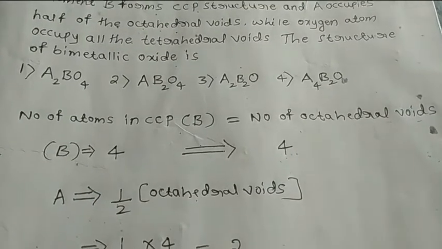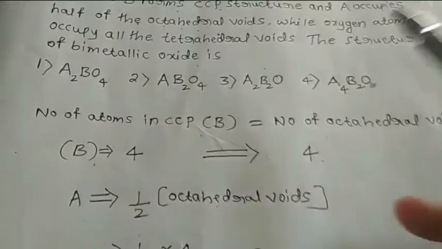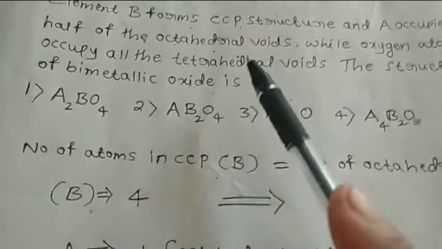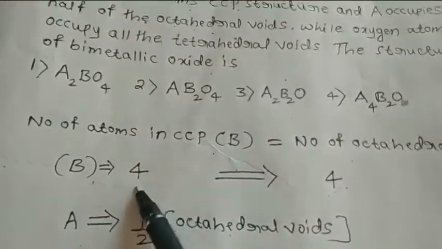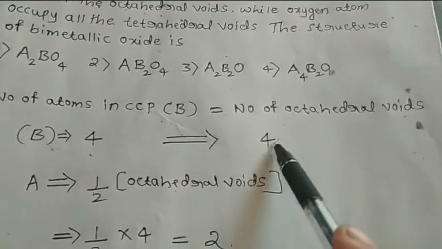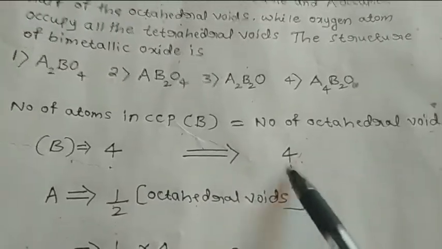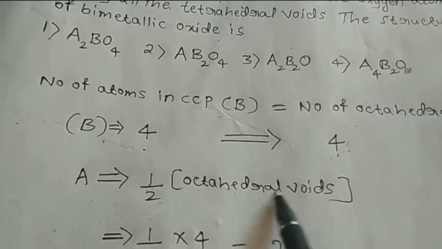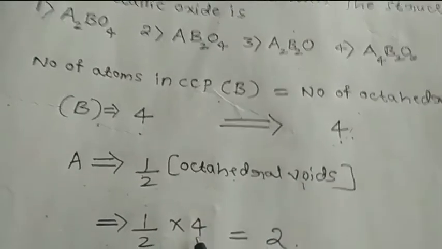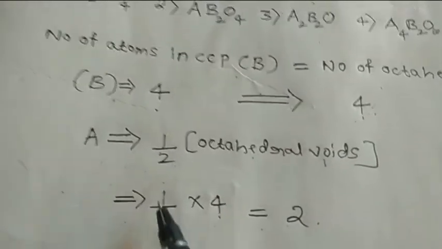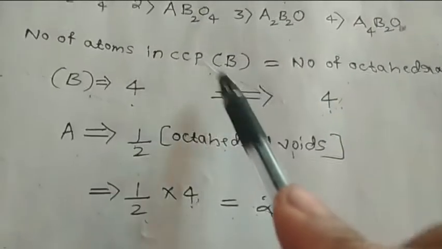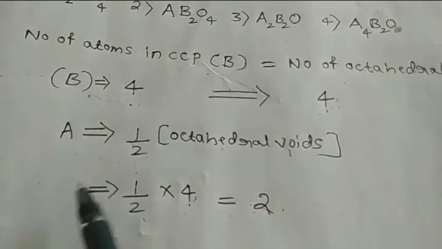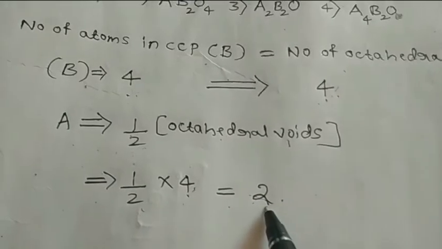If we consider close packing atoms B as 4, the octahedral voids are 4, and half of the octahedral voids is 2. So if B is 4, A will become 2.